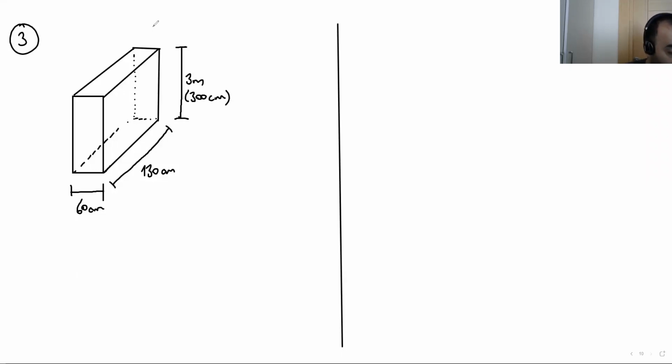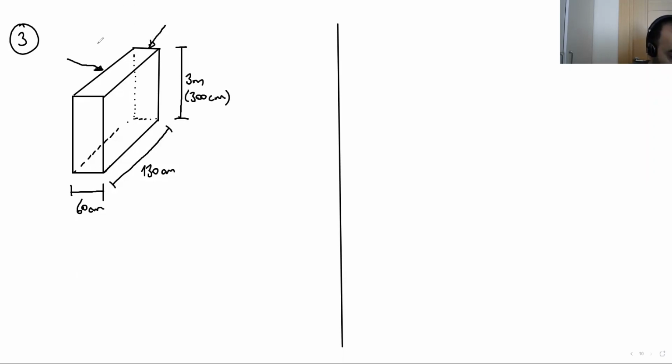So we have two different loads on this member. One acts in this direction, and the other one acts in this direction.